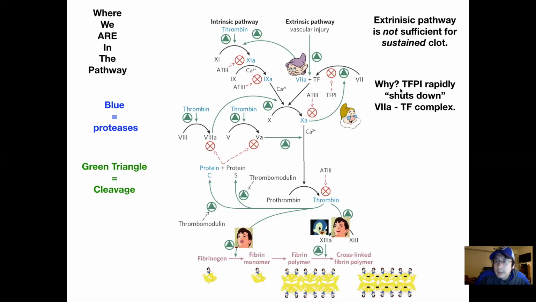This is why I talked about TFPI, tissue factor pathway inhibitor. This one's really good at shutting down the 7A tissue factor complex, right? So again, it's another level of regulation. It's layers and layers of regulation like you would not believe, okay?